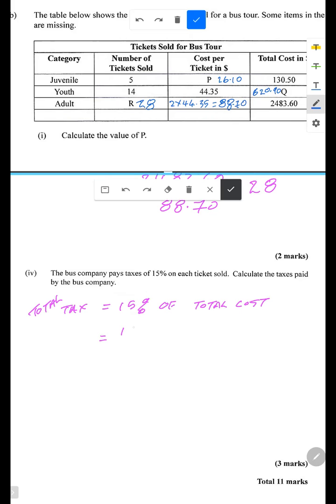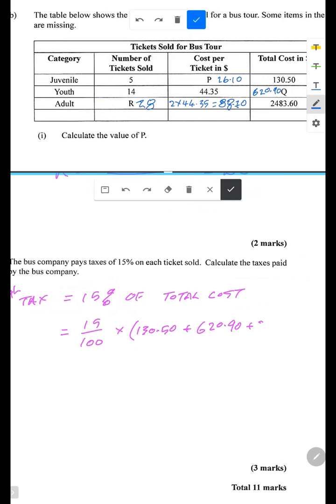And so that is 15 over 100 times the total tickets now. You have to add up the cost of all the tickets now. So it's 130.50 plus 620.90 plus 2483.60. All right, that's what you're working out. And that becomes 15 over 100 times the total, in dollars, 3235.00.